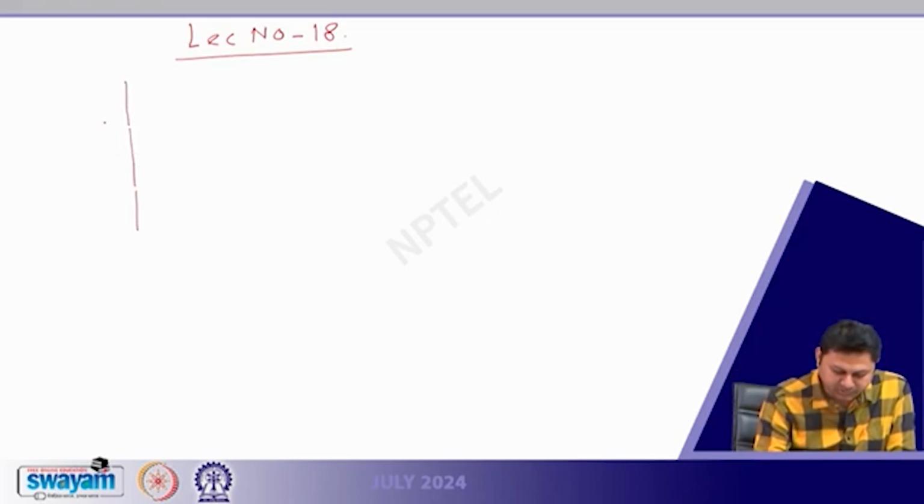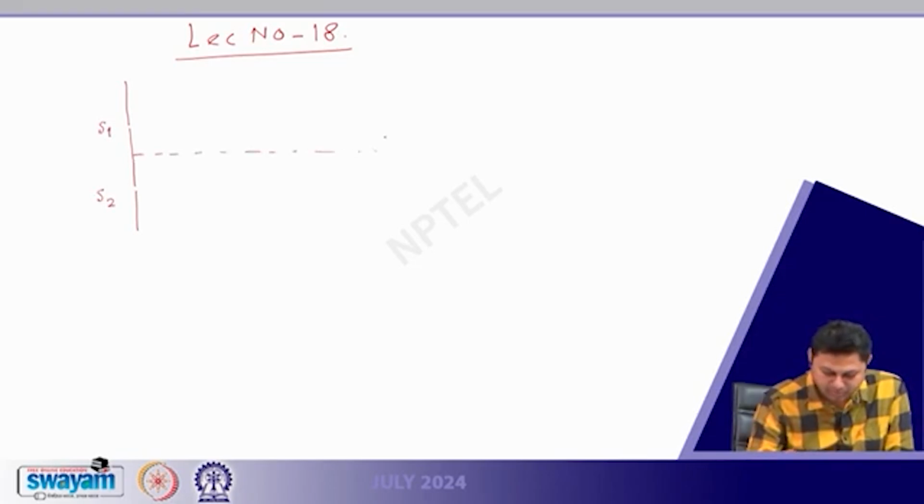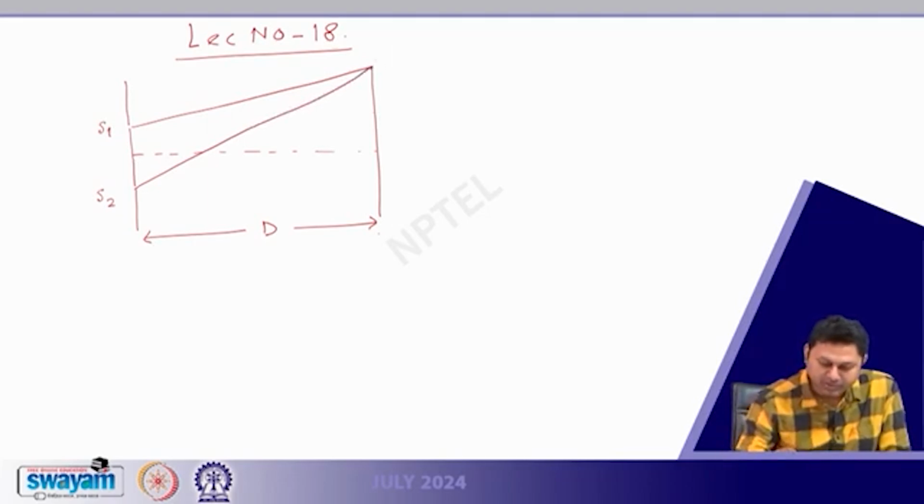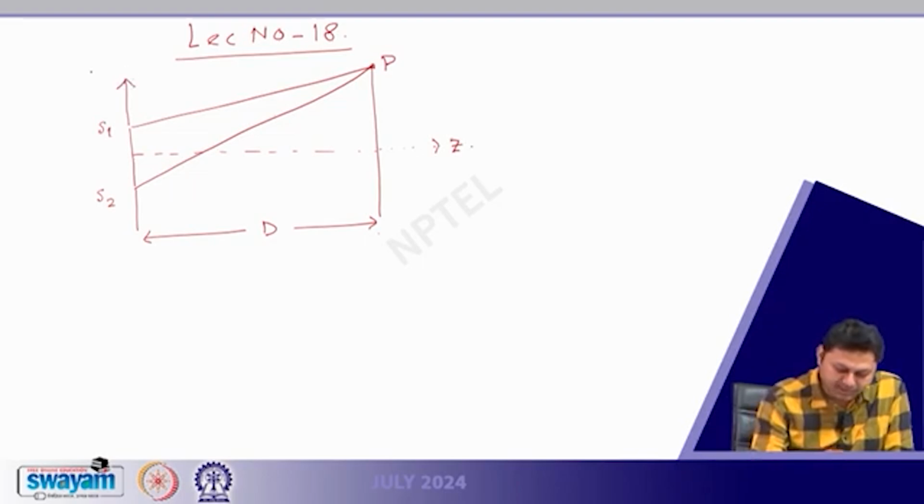In the Young's double slit experiment, we saw that if we have two point sources S1 and S2, and this separation is D, then the light coming from S1 and S2 interferes at some point P. This is the Z direction and this is the Y direction.